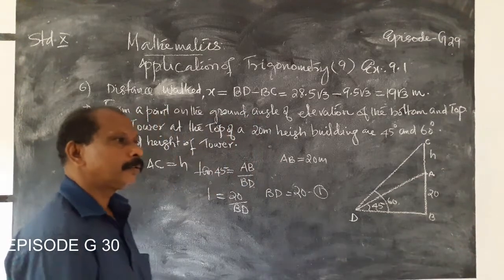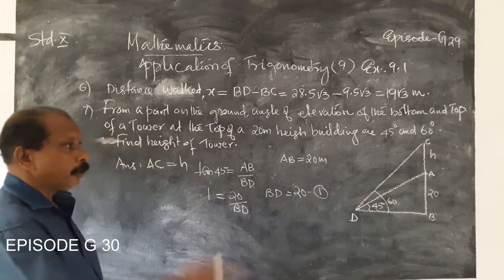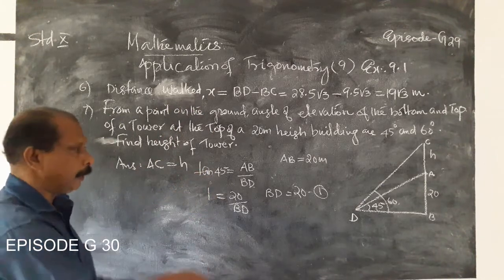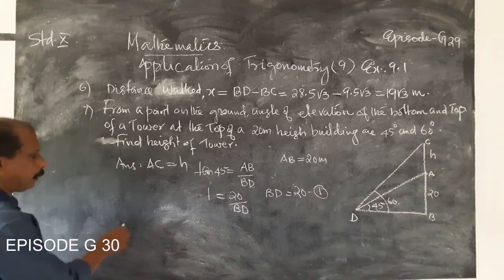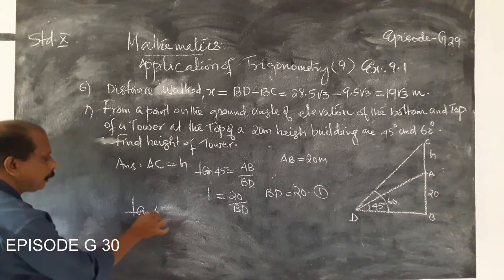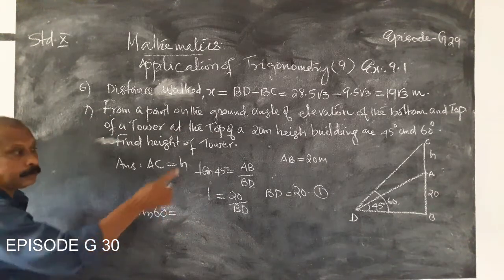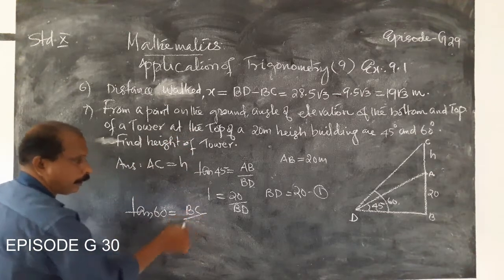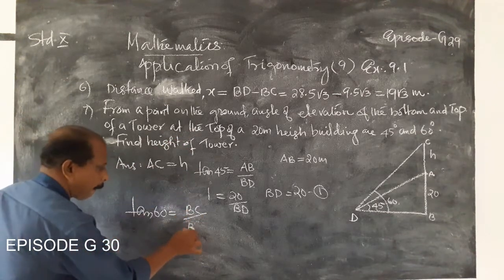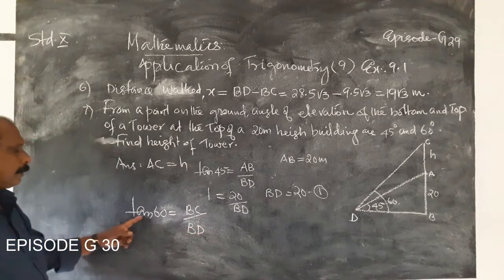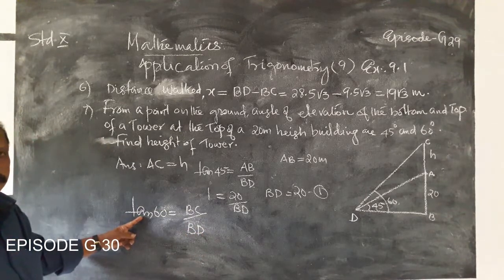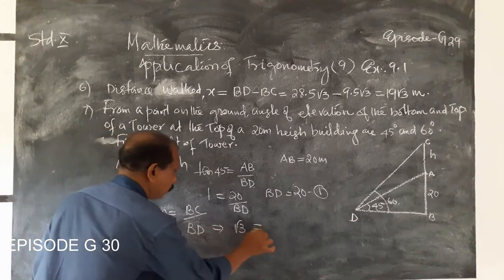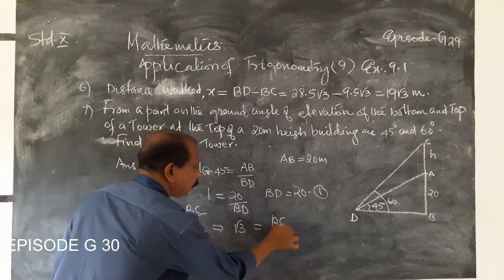Therefore, BD is 20. Then, using the triangle with angle at B 60 degree, tan 60 is equal to opposite side BC by adjacent side BD. What is tan 60? Root 3, which implies that root 3 is equal to BC by BD.